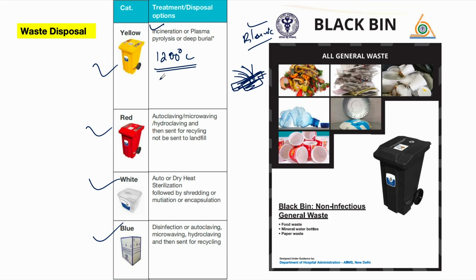Autoclaving is done for the red bin, or dry heat sterilization, also incineration, or for the blue bag, also disinfection, autoclaving, or incineration. The black bin includes general non-infectious waste like food waste, mineral water bottles, paper waste, etc.